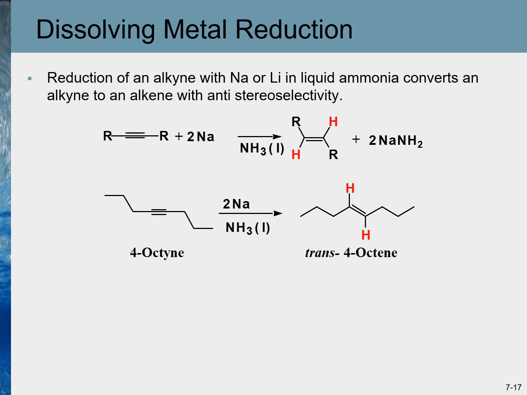We just learned that Lindlar's catalyst and hydroboration followed by protonolysis are suitable methods to convert alkynes to cis alkenes. On the other hand, dissolving metal reduction is a process in which alkynes can be converted into trans alkenes. In this reaction, reduction is carried out with either sodium or lithium metal in liquid ammonia.